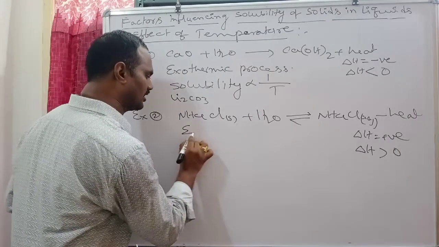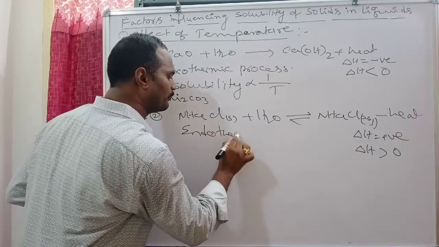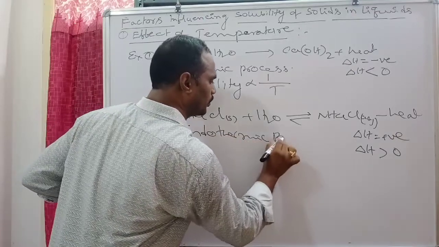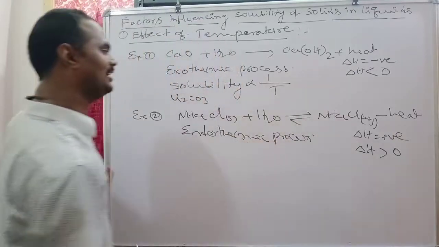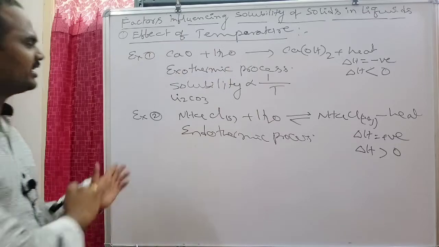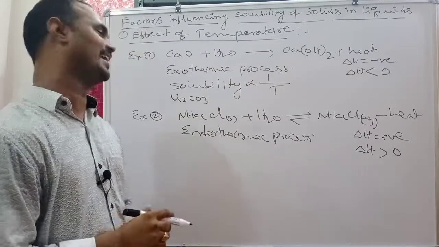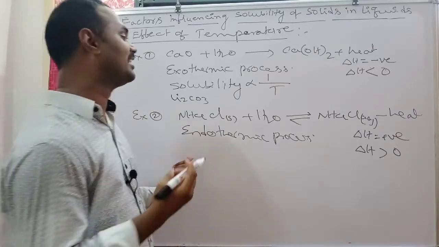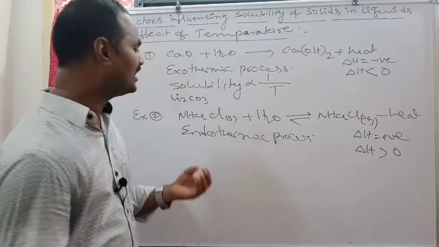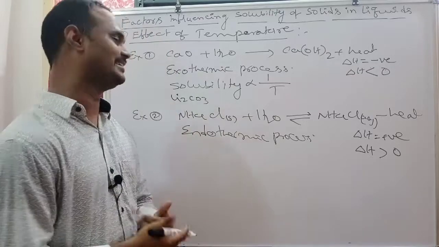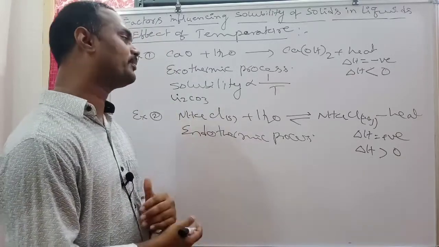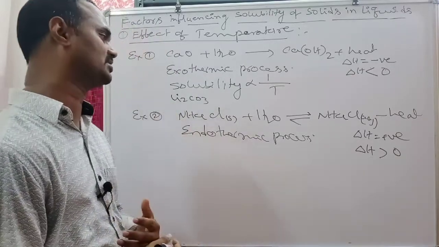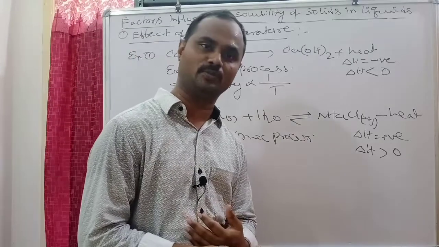This process we can call an endothermic process. In an endothermic process, it takes energy, and that energy we can give in the form of heat. While giving heat, temperature increases. So for an endothermic process, high temperature is favorable.